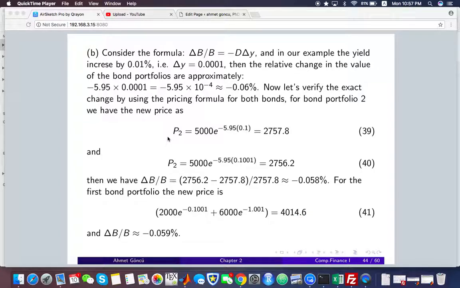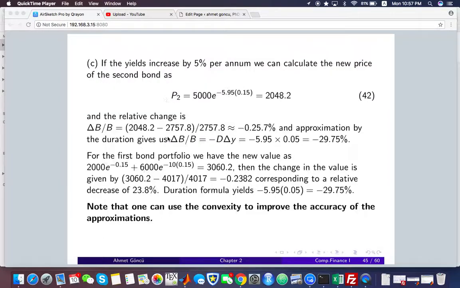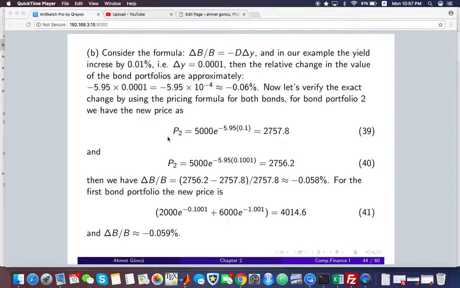If you calculate the relative change just as we did in the previous portfolio, what we get is again approximately 5 or 6 basis points decrease in the value of the bond portfolio. This is not surprising because, as we showed in part A, both portfolios have the same duration, and therefore given the same change in the yield, the relative change in both will be almost the same.